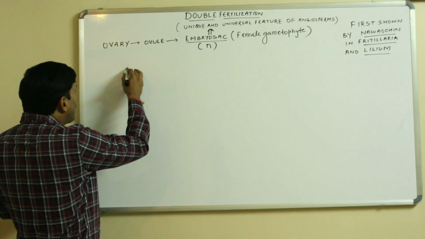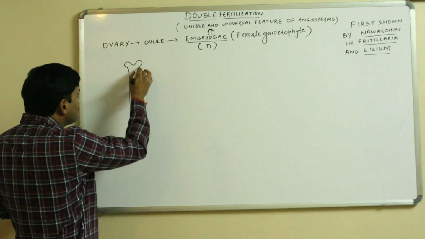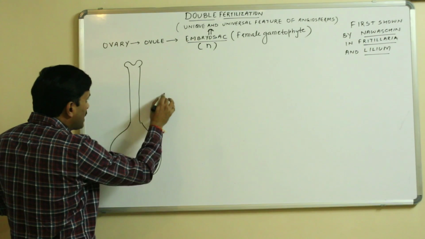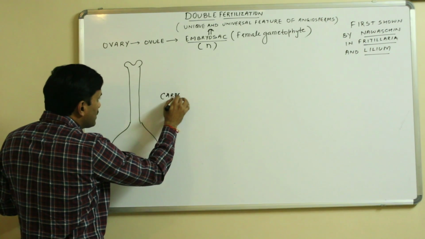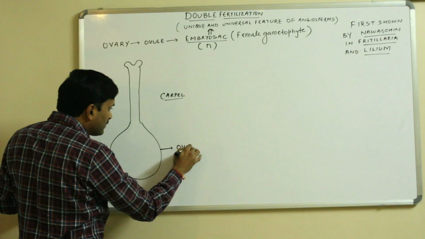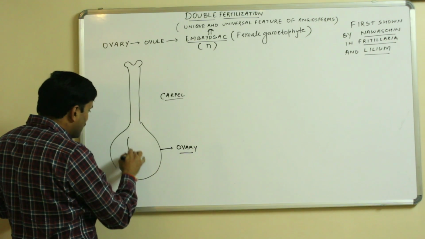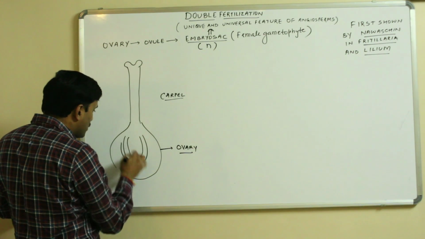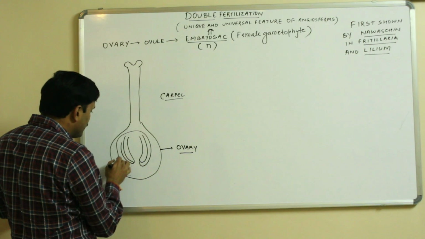Now we know very well that this is the carpel, and the swollen part of the carpel is called the ovary. And in the ovary, what is found? Ovule is found.